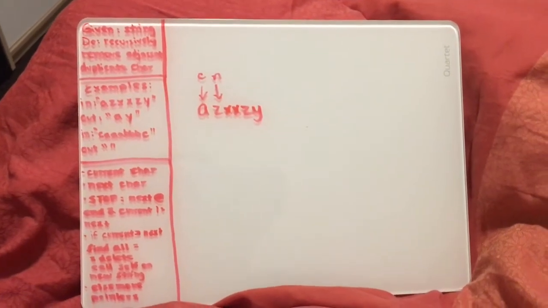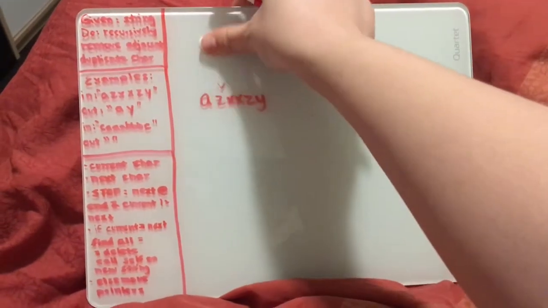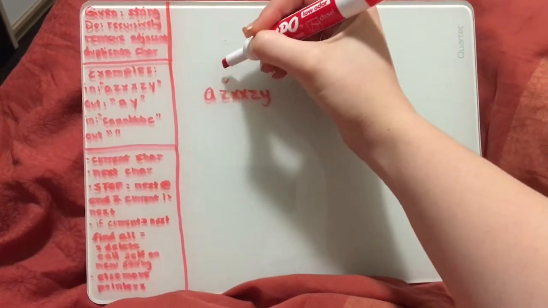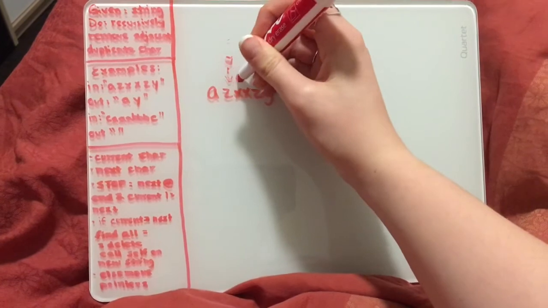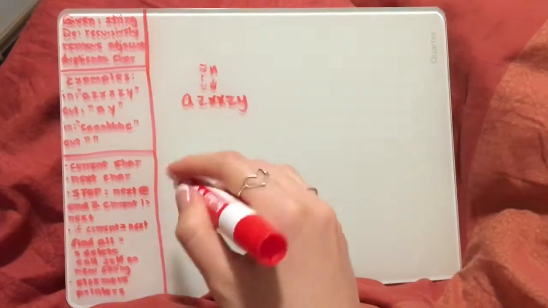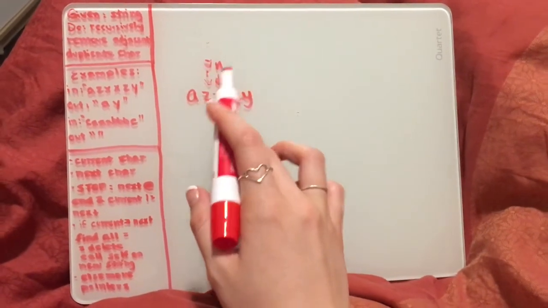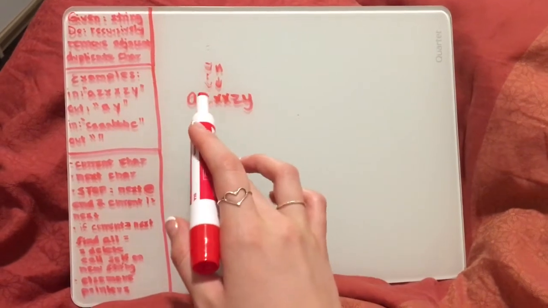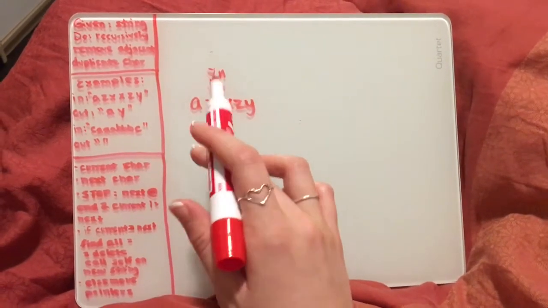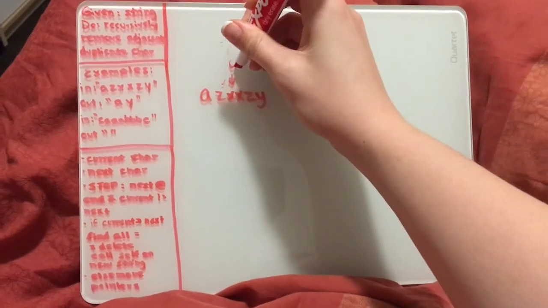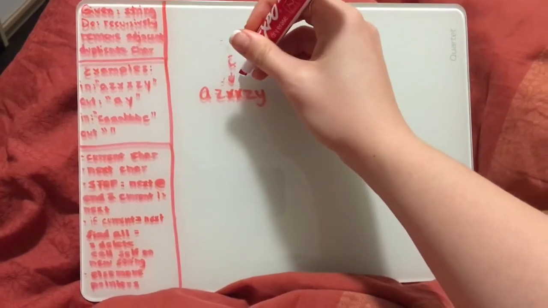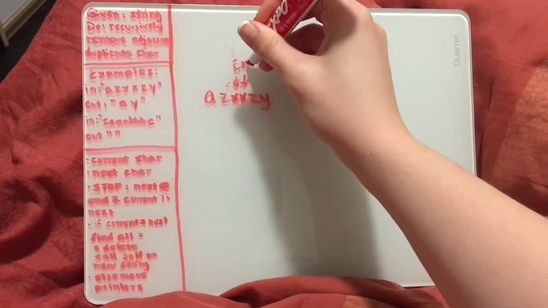Since it's not, we're going to move the pointer. This will now be our current, this will be our next. The next is not at the end, and current is not equal to next, so we'll move these again. We'll have current here, next here.